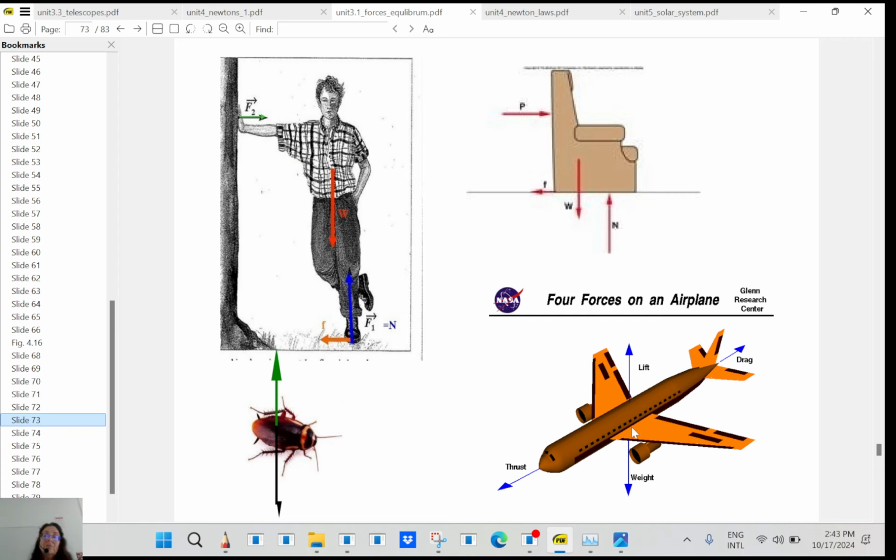So this one, is it moving at a constant speed? Yes, because you have the thrust from the engine and the air resistance. So they balance out. You have the weight pulling down. And this is like a normal force, called the lift. You push on the air and it's going to push back on you. It's like if you're in a swimming pool, you have a buoyant force, right?